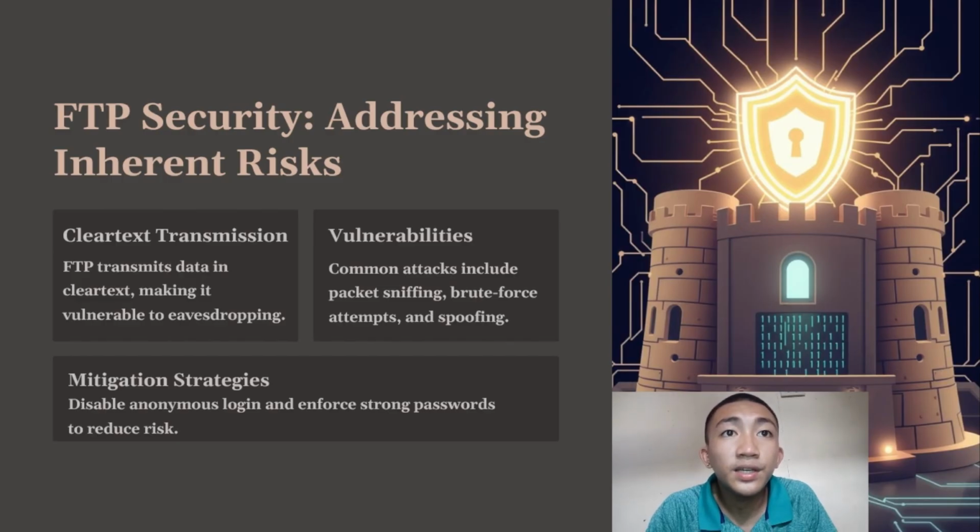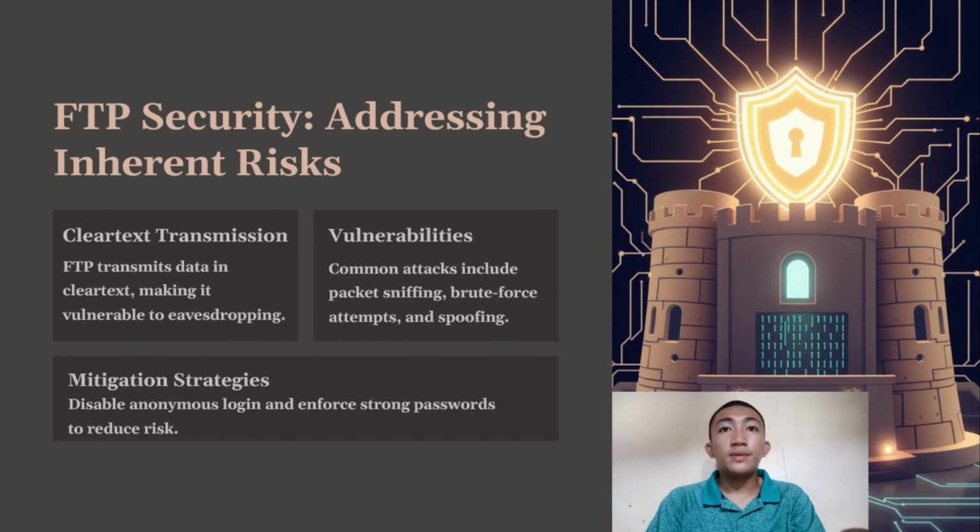To mitigate this risk, organizations should consider using secure alternatives like SFTP, FTPS, or FTPES, which encrypt data in transit. Vulnerabilities: common attacks include packet sniffing, brute force attempts, and spoofing.